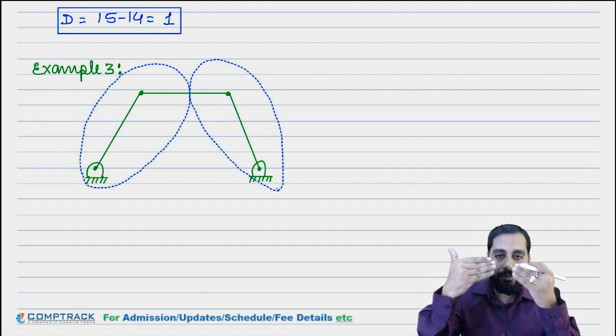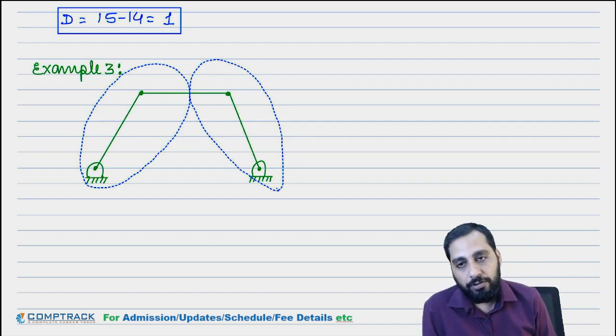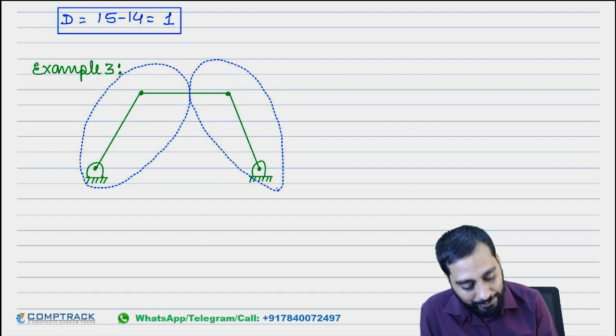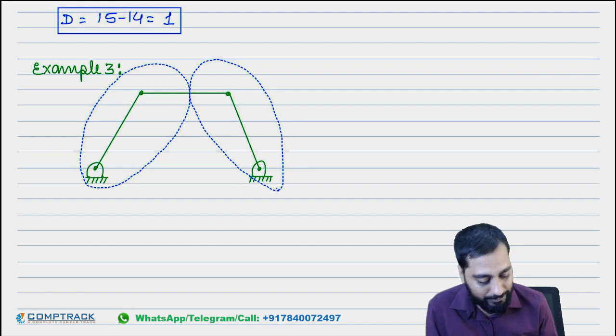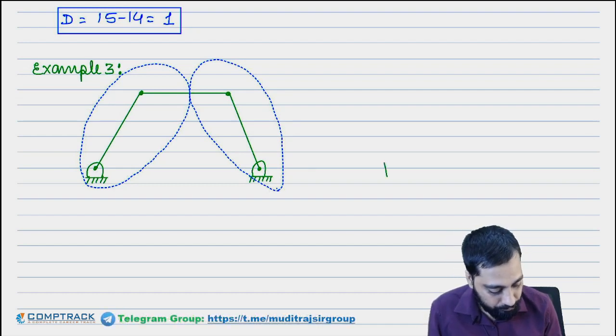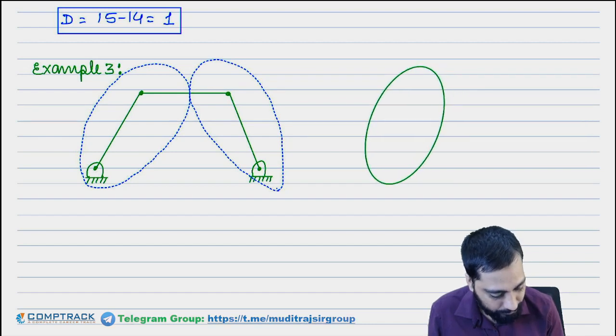Two cams are in contact at this location. Clear or not? Two cams are in contact at this location. So this can be converted into an equivalent cam pair like this.